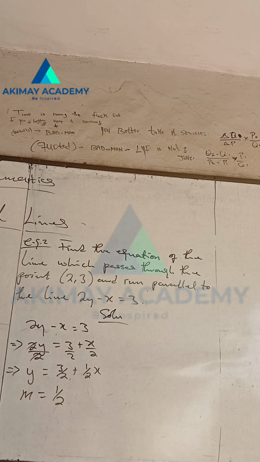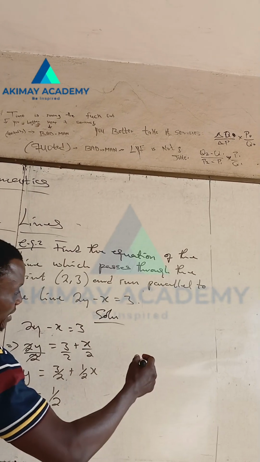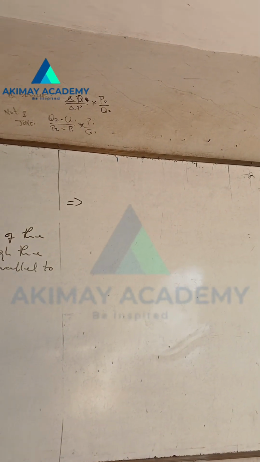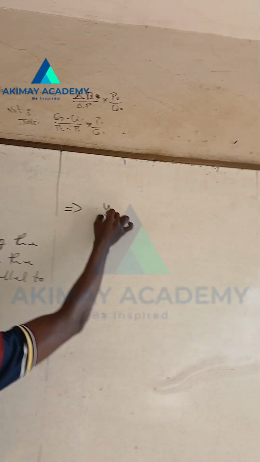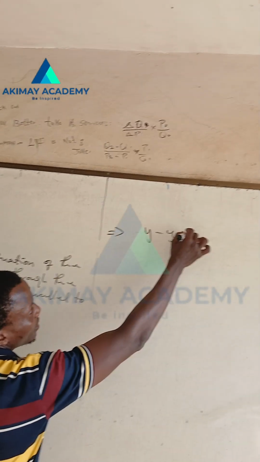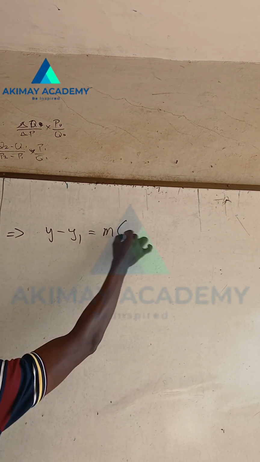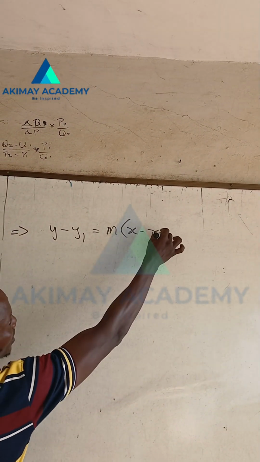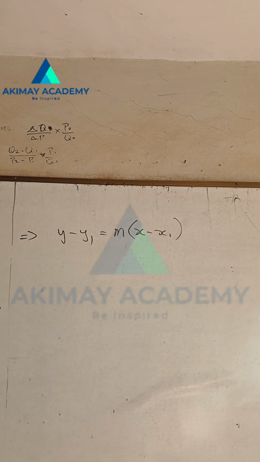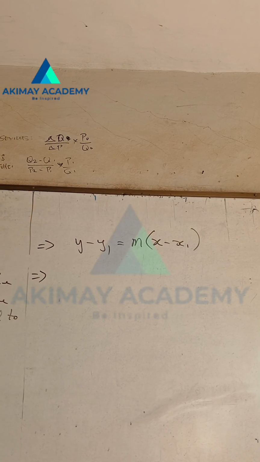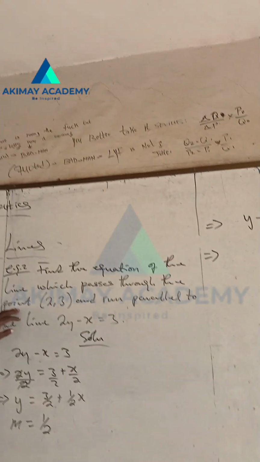Okay, so let's find the equation of the line that they are talking about. And we know that the equation of a straight line is given by y minus y1 equals our gradient multiplied by x minus x1. Okay, good. So our y1 and x1 have been given to us in the question, which are the point.